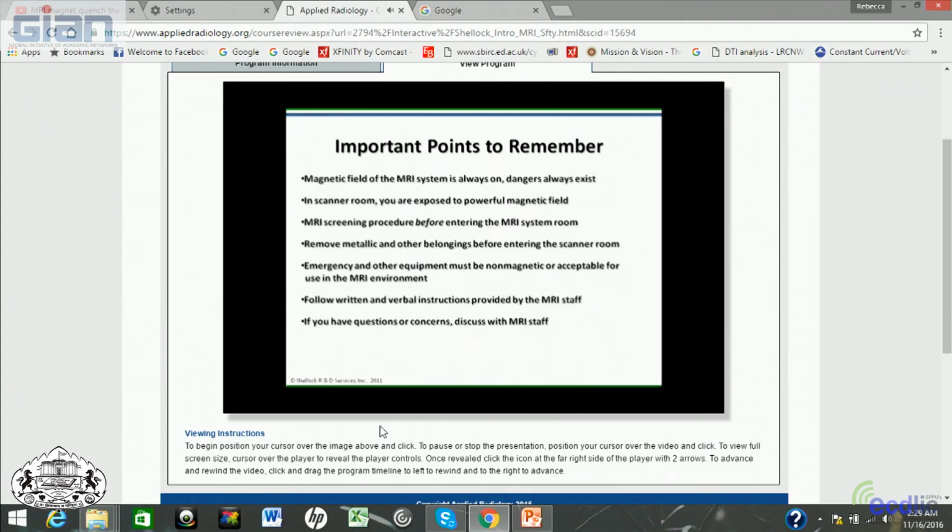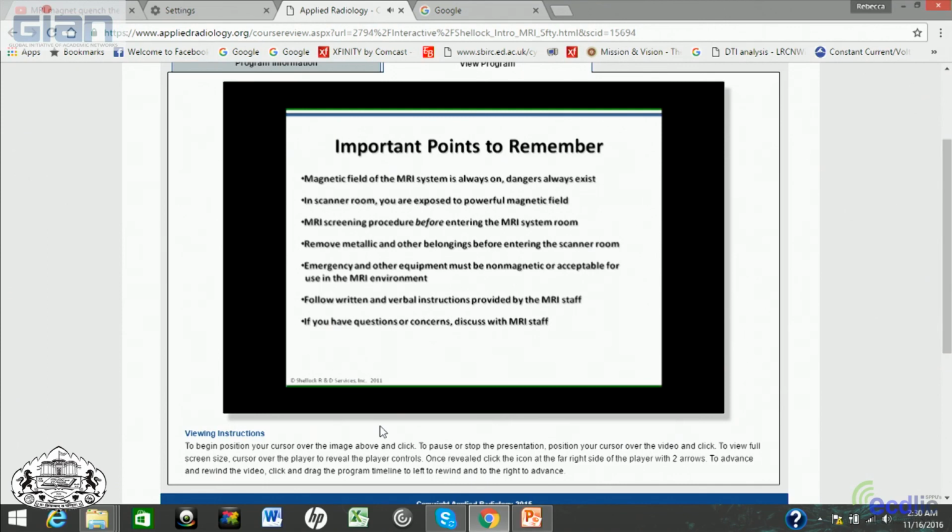Remember these important points. The magnetic field of the MRI system is always on, and dangers always exist, even when a patient is not being imaged. If you enter the MRI system room, you will be exposed to the powerful magnetic field. You must undergo an MRI screening procedure before being allowed into the MRI system room.